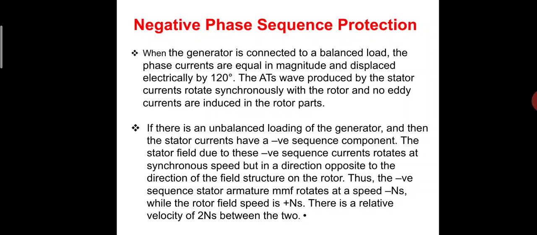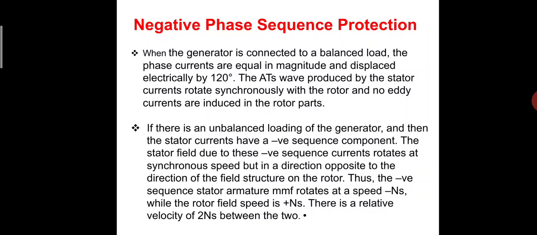If there is an unbalanced loading of the generator, then the stator currents have negative sequence components. The stator field, due to these negative sequence currents, rotates at synchronous speed, but in a direction opposite to the direction of the field structure on the rotor.